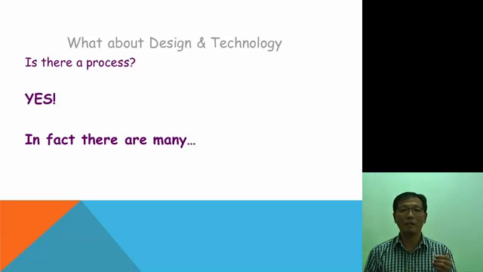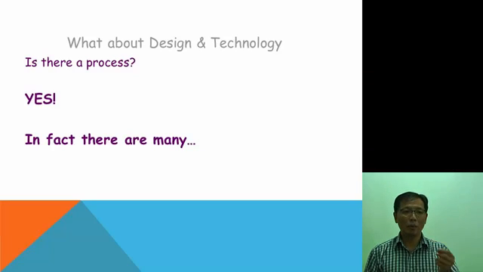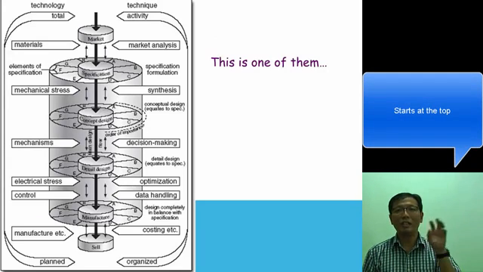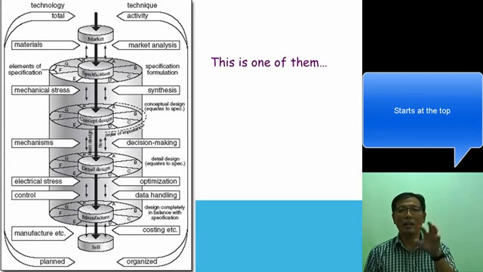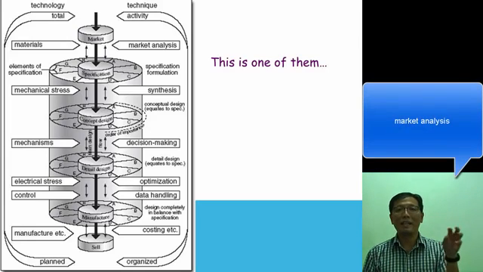What about D&T? Is there a design process that everyone can take in order to ensure success? In fact, there are many. If you Google it on the internet, you'll see many possible processes. One of them is this. If you look at the top, you see technology, you see the techniques. You do all this in order to do a market analysis.